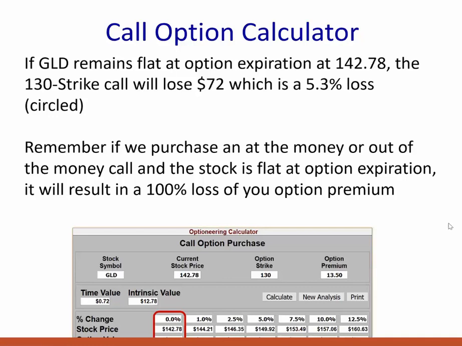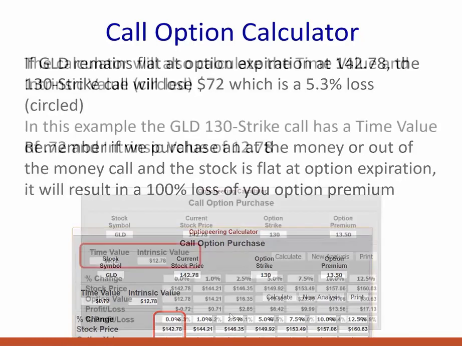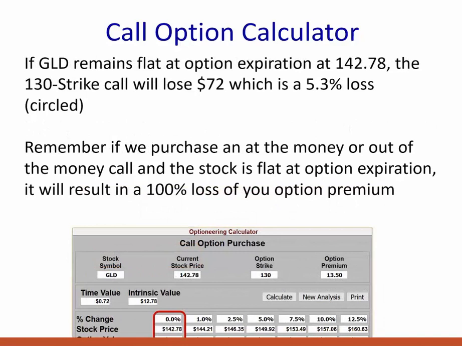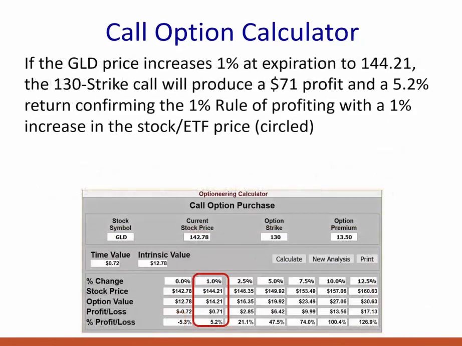And remember, if we purchased an at-the-money or out-of-the-money call option and the stock is flat at option expiration, it will result in 100% loss of your option premium. So in this example, with a flat stock price, we're going to lose 5.3% compared to 100% loss if we had purchased an at-the-money or out-of-the-money strike.